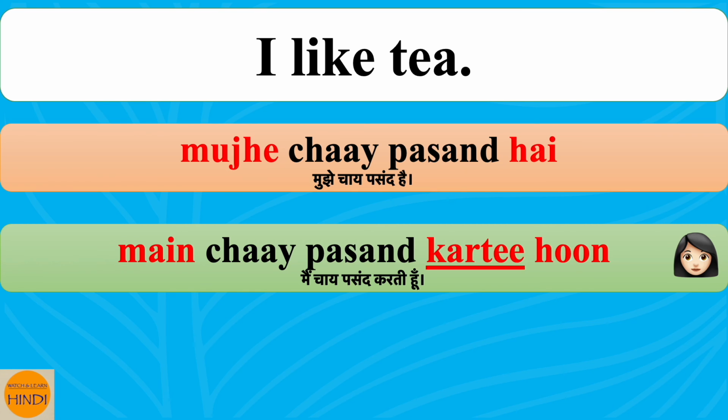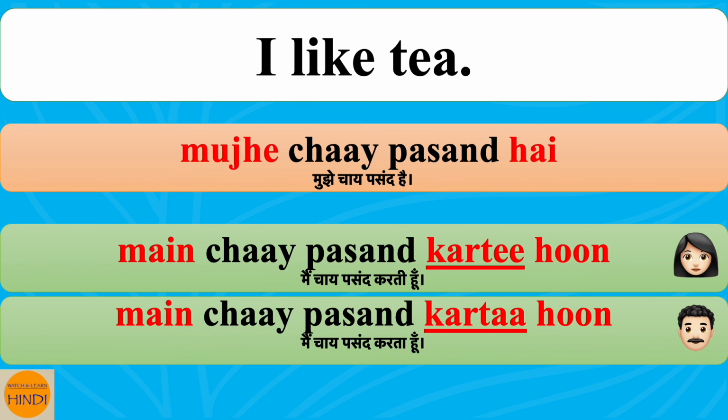And in this case, this is the feminine gender. If you want to say it in a masculine gender, then you will say मैं चाय पसंद करता हूँ. So there are two things happening. One, the sentence construction changes. And second, with मुझे, the sentence is gender neutral. But with मैं, it becomes gender specific.